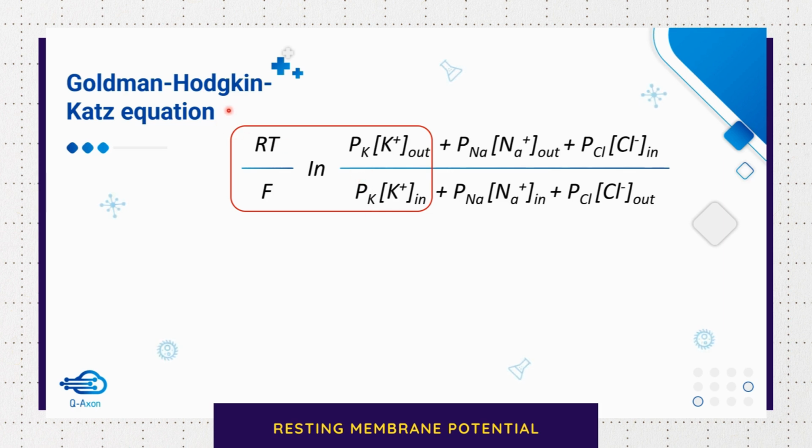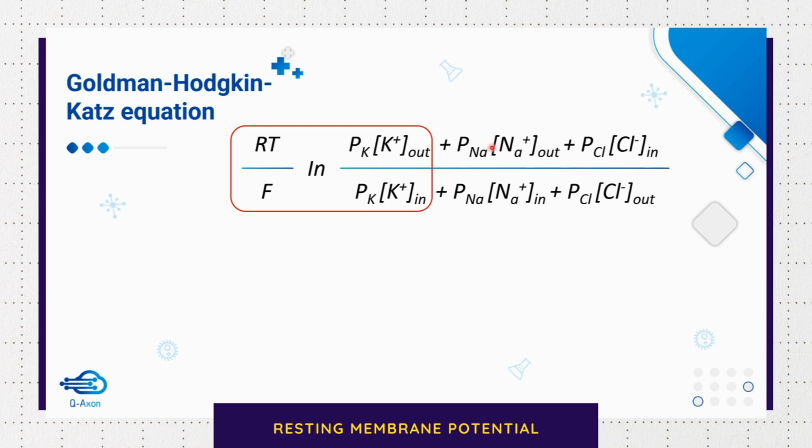But the Goldman-Hodgkin-Katz equation considers two more things. One is the permeability of the ion. So this pK determines the permeability of the membrane for potassium ion. So it has added this pK component also, and this permeability is multiplied by the concentration of the ion, right?